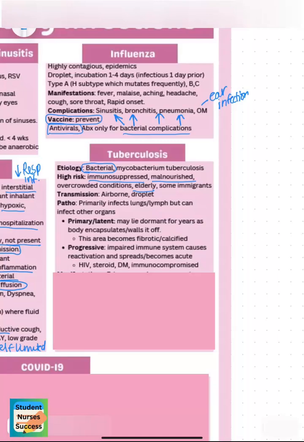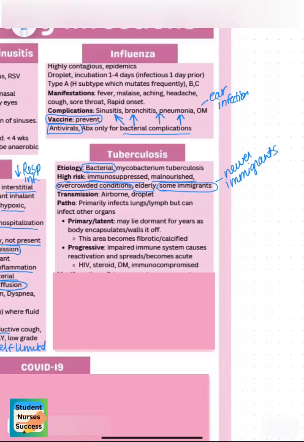But these other two high-risk situations, overcrowded conditions, maybe people living in a lot of close quarters, prisons, maybe high risk, and some immigrant populations. And those specifically are probably newer immigrants, maybe coming from countries who do not have as good of access to health care, or perhaps newer immigrants who have not really moved into our healthcare system and may have come with this bacteria on board.